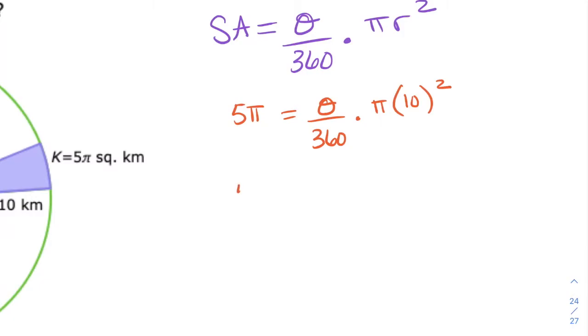So I get 5 pi equals theta over 360 times pi times 100.